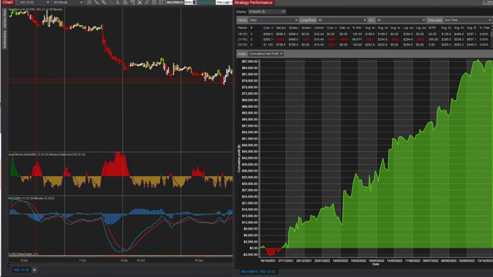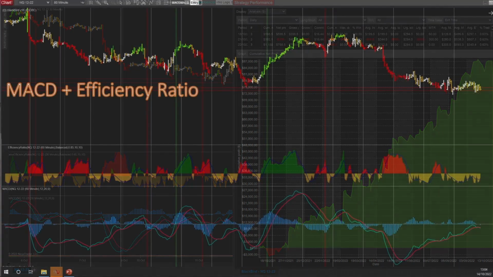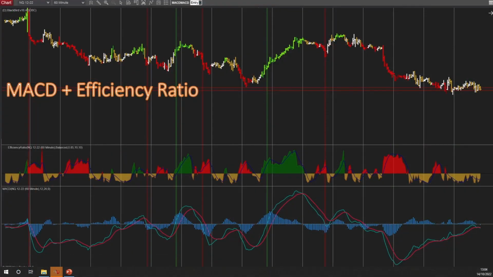For the second strategy, I've combined the MACD with the efficiency ratio. The efficiency ratio was developed by Perry Kaufman. It determines whether a market is trending or range bound. In a perfect trend, where all bars close in the same direction and do not overlap, the efficiency ratio will show a value of 100.